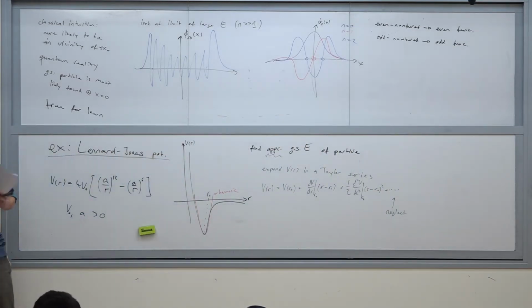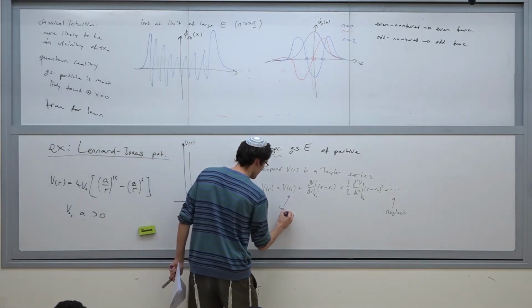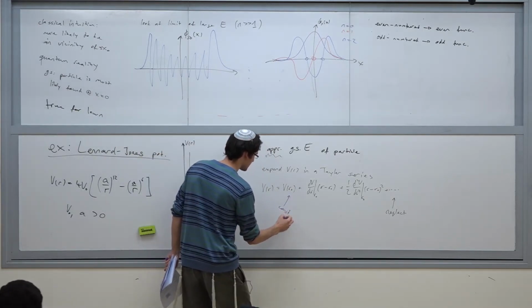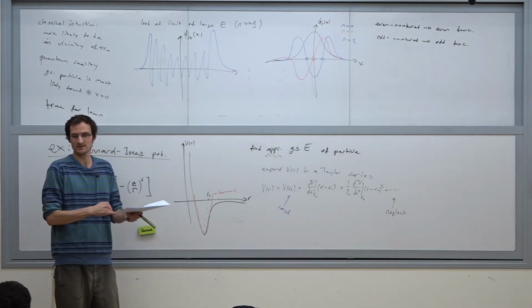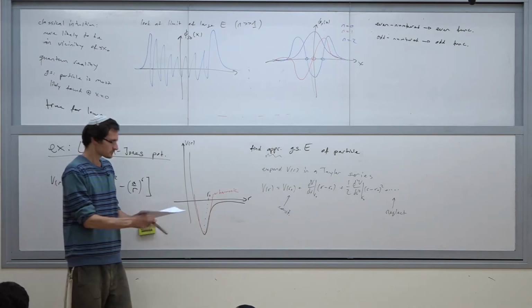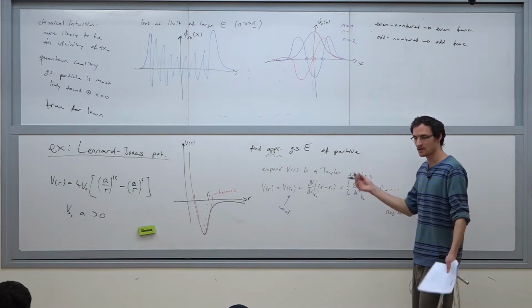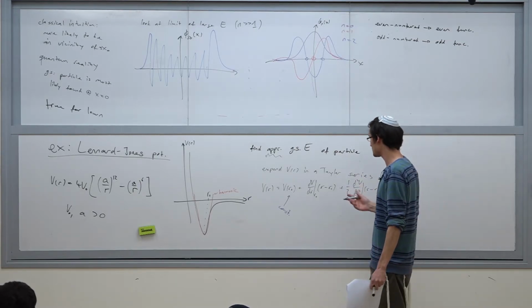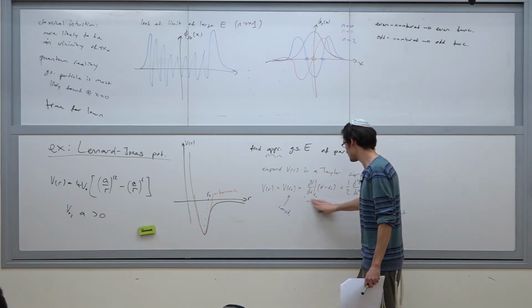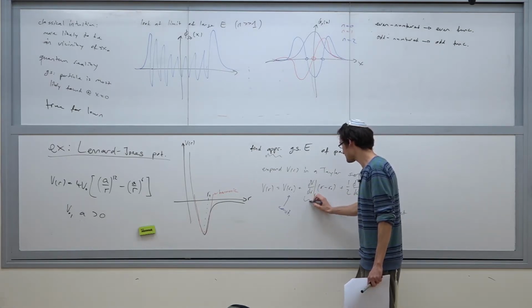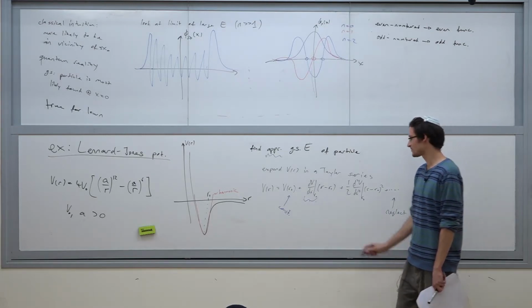Now, V of R0 is just a constant. And as you know, we don't really care about constants in the energy because the energy is always defined up to a constant. So that's just some number we have to find, but it has no physical meaning, no physical impact. What is this term? Actually, this part must vanish, must be zero. Why must it vanish?